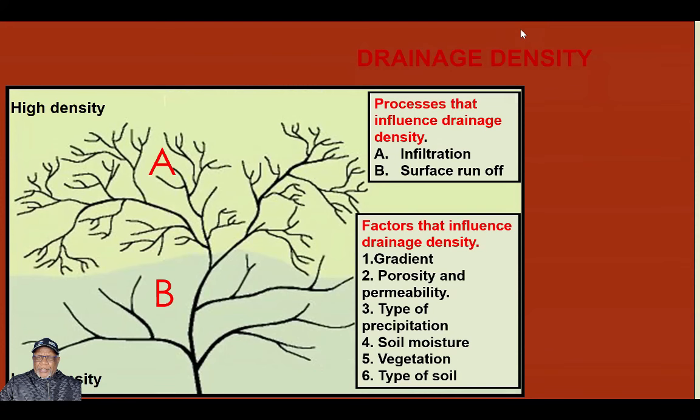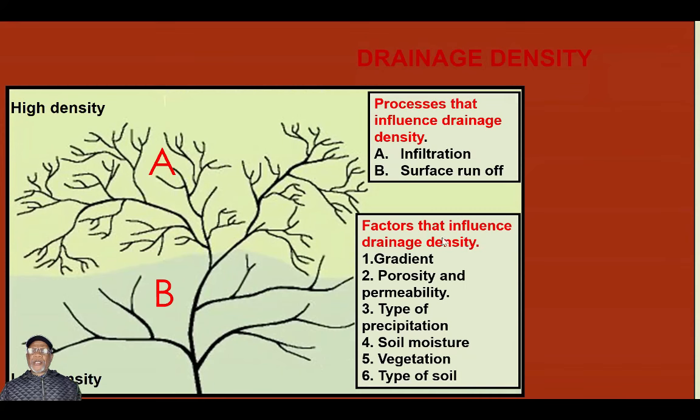Now, drainage density is influenced by two processes, infiltration and surface runoff. And there are also factors that influence drainage density, which are gradient, porosity and permeability, type of precipitation, soil moisture, vegetation, and type of soil. We said drainage density is influenced by infiltration and surface runoff.